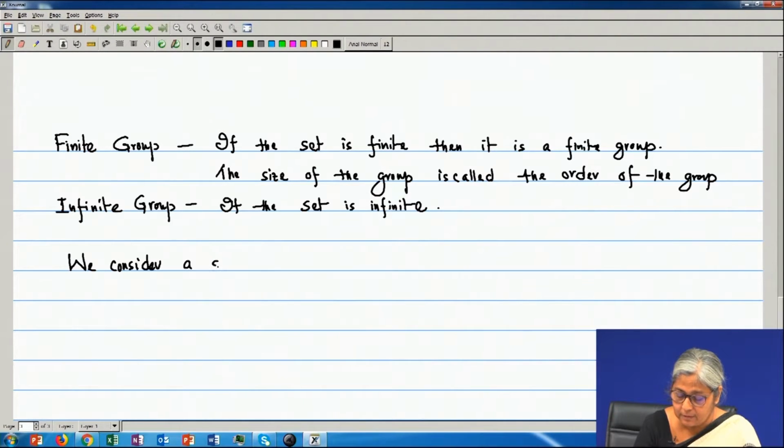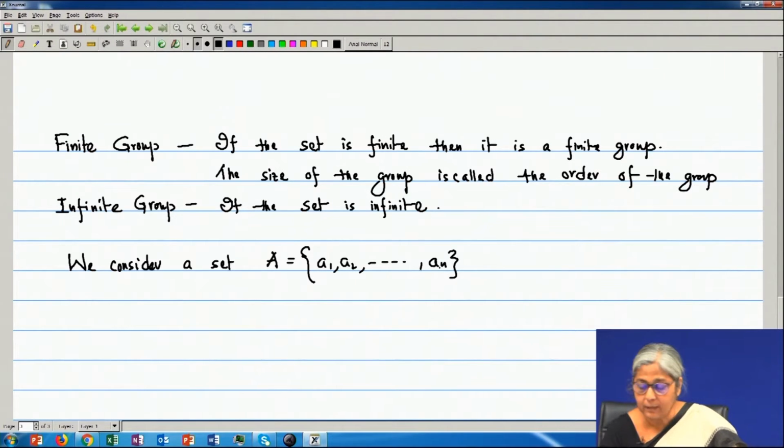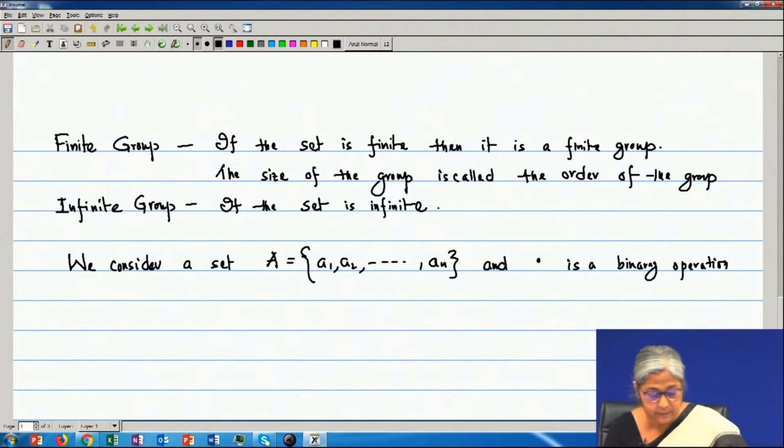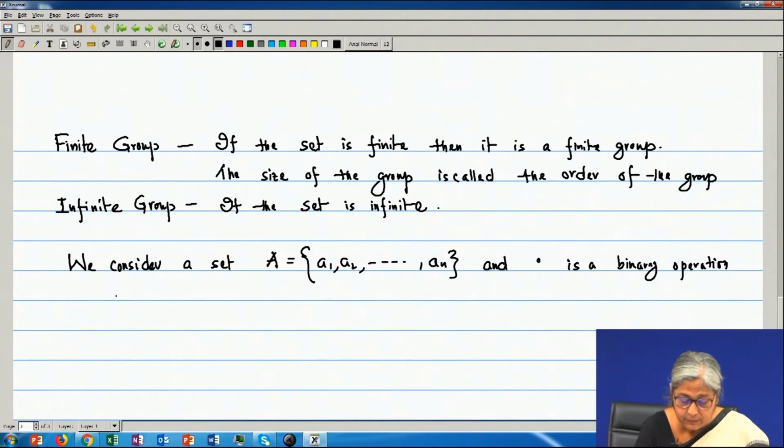We consider a set A with n number of elements, and we say dot is a binary operation, and A with the binary operation dot forms a group.